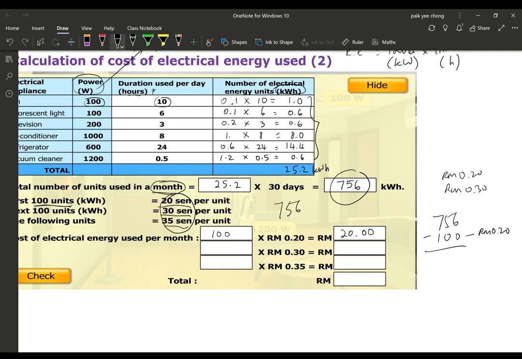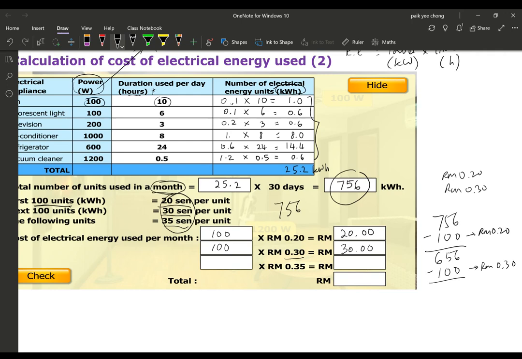Now you've taken out 100, so you're left with 656. For this 656, you cannot count using 20 cents. They are going to calculate using the next rate, which is 30 cents. So you take out another 100, and this 100 will be calculated at 30 cents, and that will be 30 ringgit.